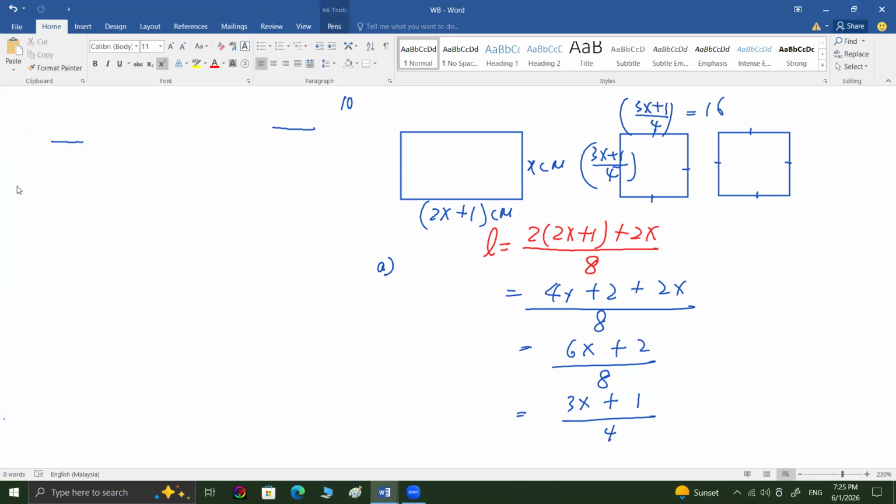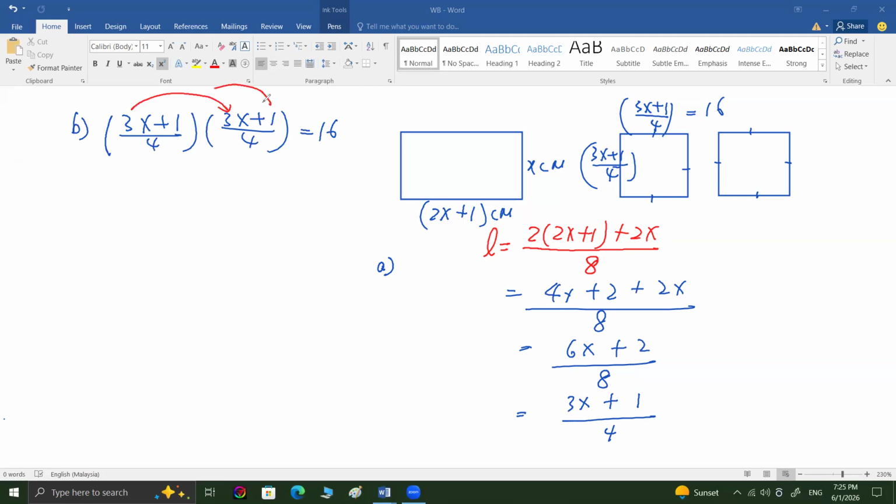So you do like this, huh? So when you expand, do the same thing. Up to you which method you apply.